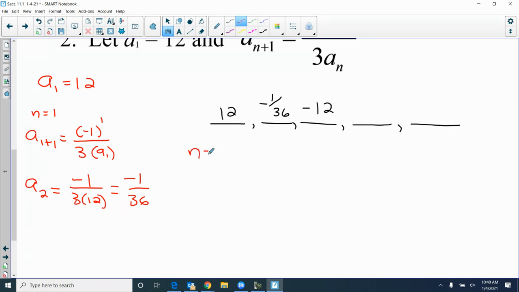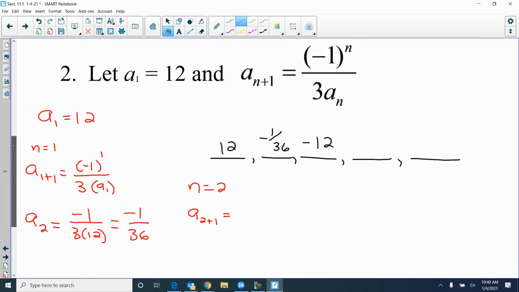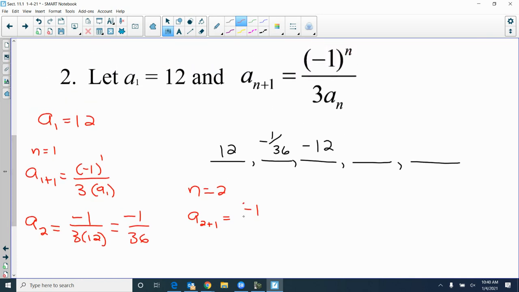All right, let n equal 2. That means a sub 2 plus 1, which is a sub 3, is equal to negative 1 to the second power over 3 times a sub 2. Negative 1 squared is positive. This is 3 times, all right, what goes in this spot?